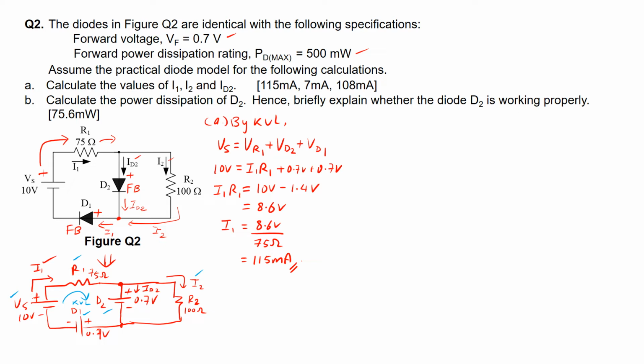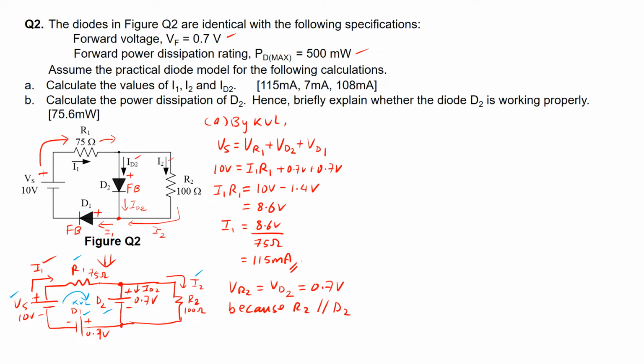To calculate this current I2, as I said before, the voltage across the resistor R2 is the same as the voltage across the diode D2 here, because we can say that VR2 is equal to VD2, because R2 is in parallel with diode D2. Because of this, the voltage VR2 is equal to 0.7 volts.